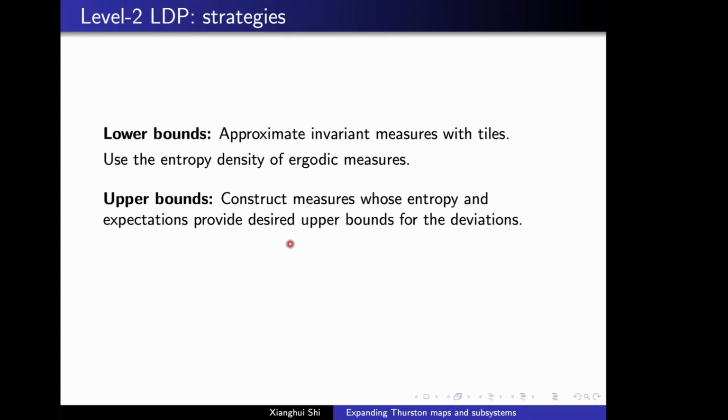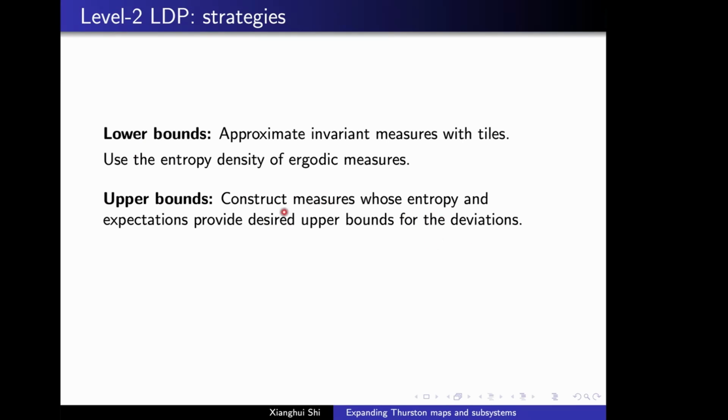For upper bounds, the proof is more difficult than for lower bounds, because the construction is more delicate and difficult. We construct measures whose entropy and expectations provide the desired upper bound for the deviations.